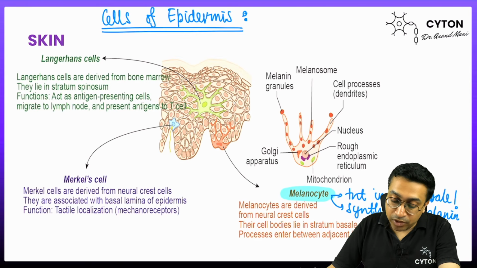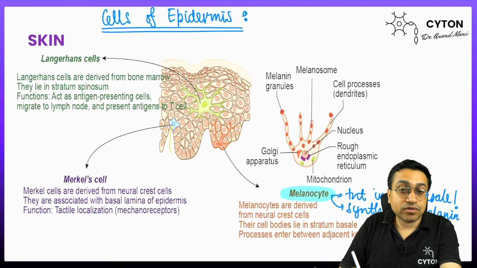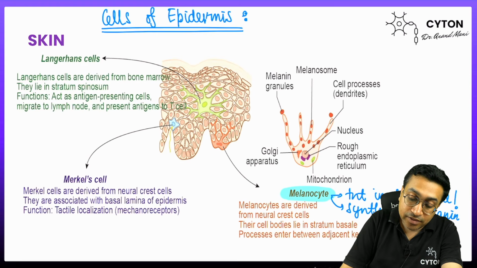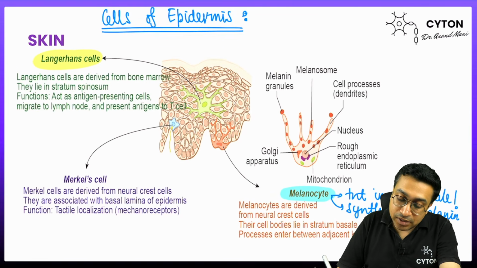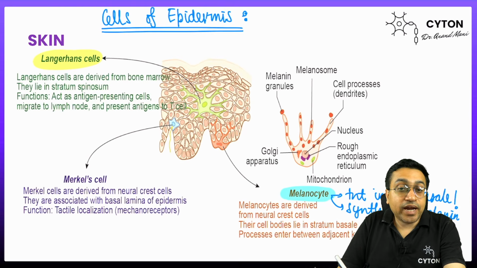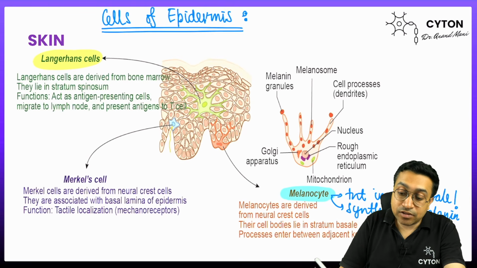Then you have the Langerhans cells, the dendritic cells. Langerhans cells are the antigen presenting cells of the epidermis.